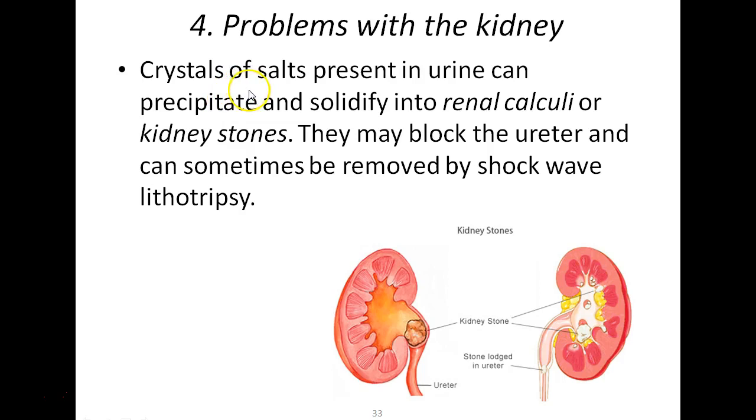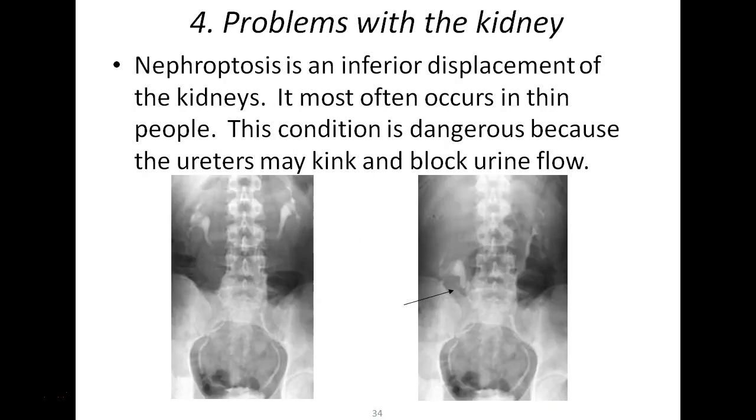So the salts that are inside the urine can crystallize, they can precipitate and solidify into renal calculi, also called kidney stones. These can block the ureter and cause further pain, but another way to rid these is to shock them with lithotripsy. Litho meaning rock, so in other words, we might send some ultrasound waves in there to break up that kidney stone.